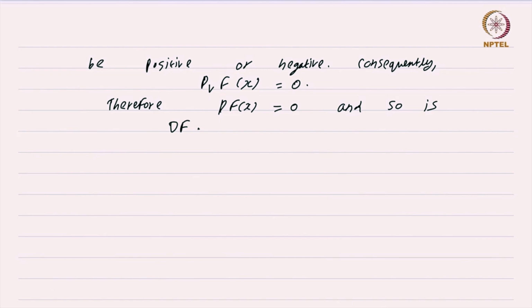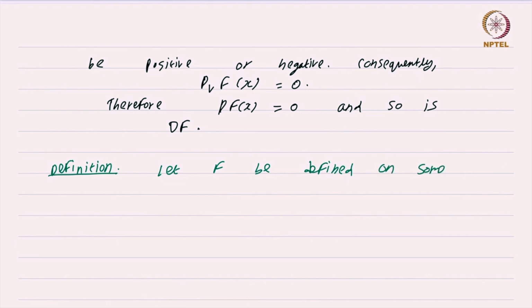It's rather trivial. Now we are going to define critical points to be those points which could possibly be maxima or minima. So definition: let f be defined on some open set.